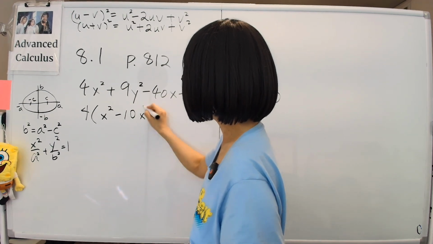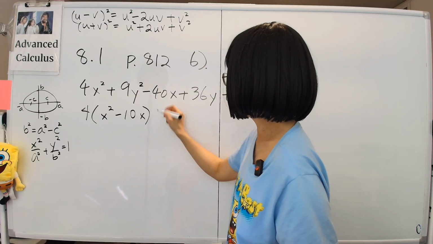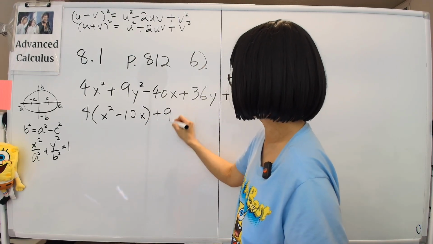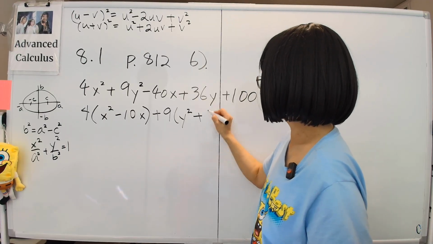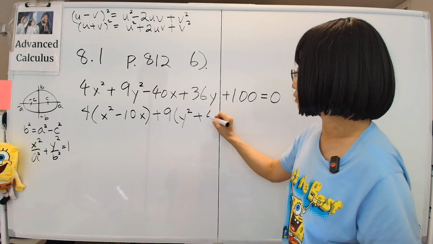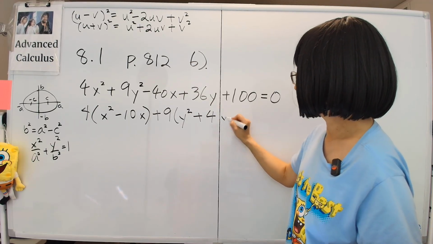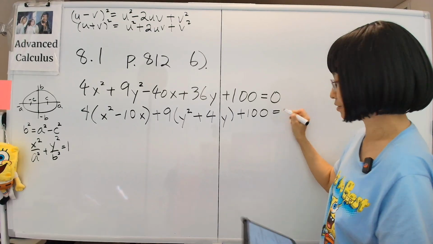I factored out the 4, just from the x's, okay? And then we'll do a similar thing to y. Here's y squared. I'll factor out the 9 so that there's only y squared left, and this thing plus 36 divided by 9, that would be 4y. And then the 100 is still there, so we'll leave it for now.